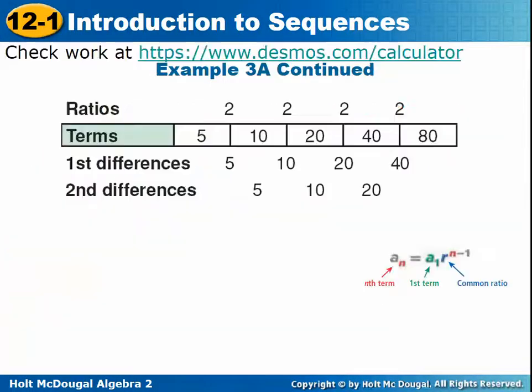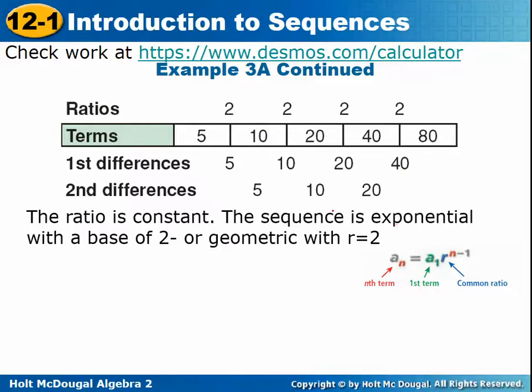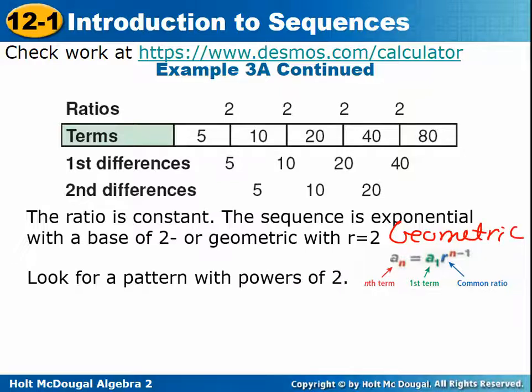Exponential. And it so happens that the exponential model is going to fit the geometric sequence formula. So we can use a sub n equals a sub 1, the first term, times r, the common ratio, the same ratio as what we found when we did our ratio on the previous page, to the n minus 1.